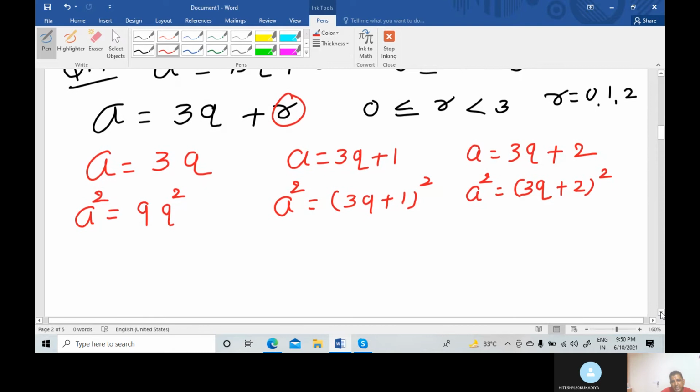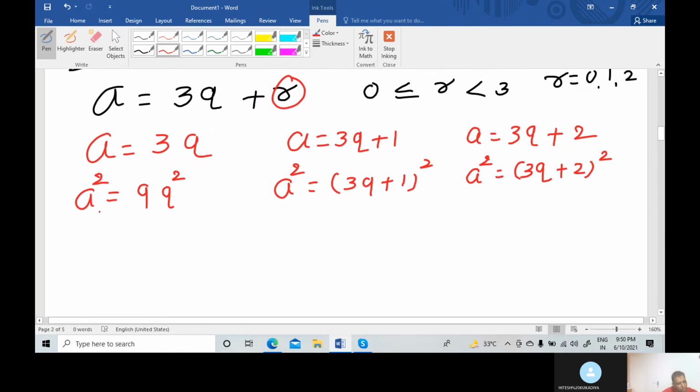Is that clear? Any problem, students? No. Okay, continue. Rearranging the terms, a square equals 9q squared, which is 3 into 3q squared, since 3 threes are 9. And here the expansion of a plus b whole squared gives 9q squared plus 2 threes are 6q plus 1.